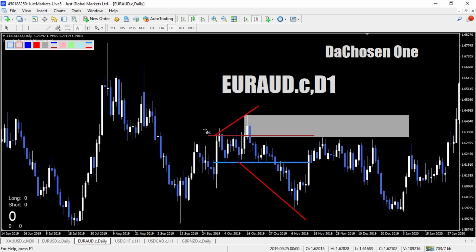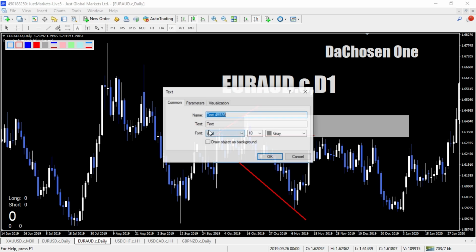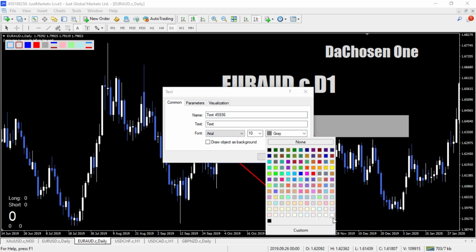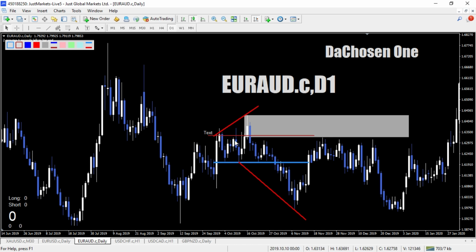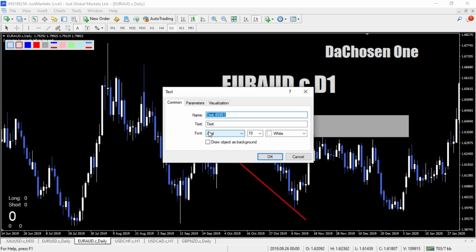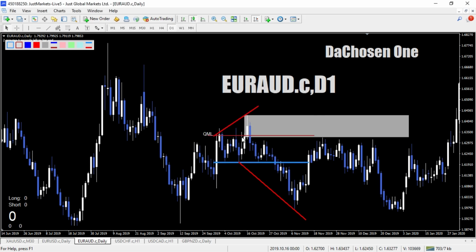Let's label this thing because it's important to label. This is our QML level.